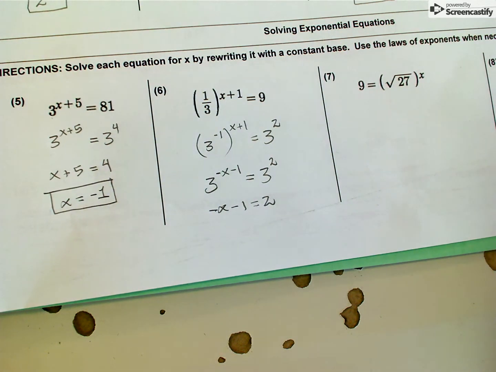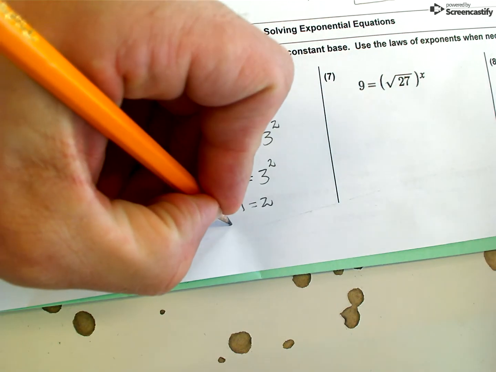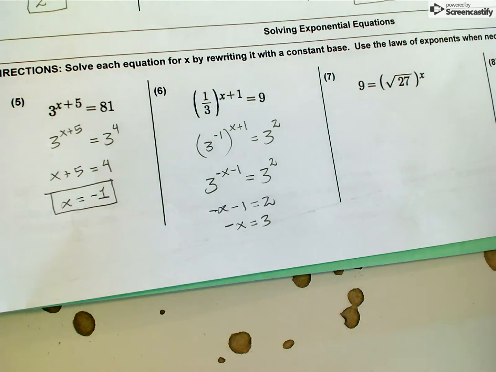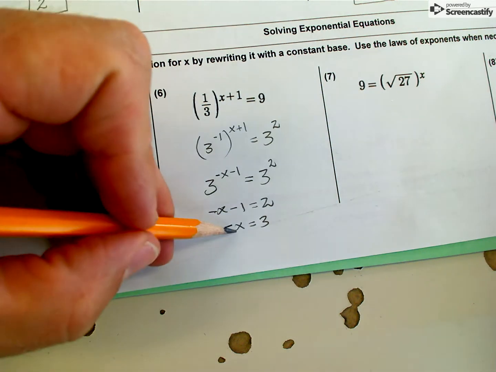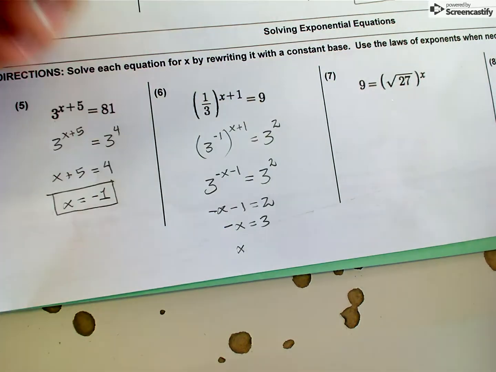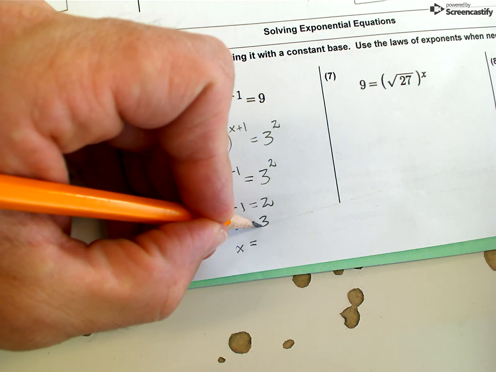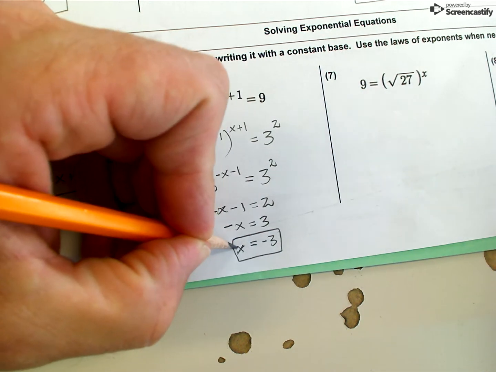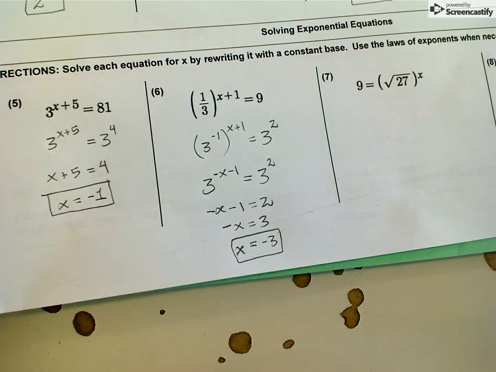And this is a nice linear equation that I can solve using the properties of equality. Adding 1 to both sides gives me -x equals 3. And then taking the opposite of both sides, or if you like, multiplying both sides by -1, changes my -x to a positive x and my positive 3 to a -3. And there's my solution.